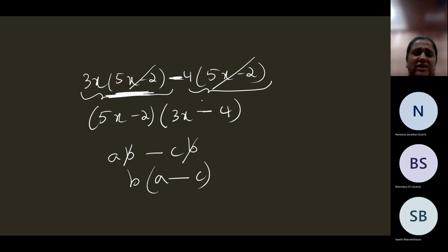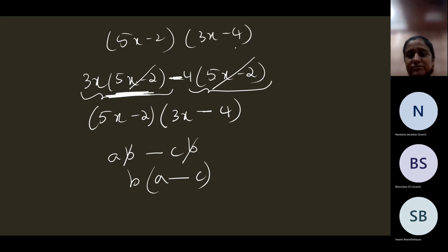So we don't think like this always. What we'll do is whatever is common, 5x minus 2, 5x minus 2, we'll just write that once. And then we'll group these two, 3x minus 4, in another bracket. All right?